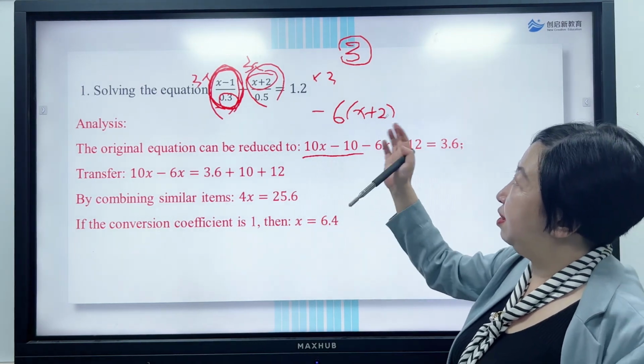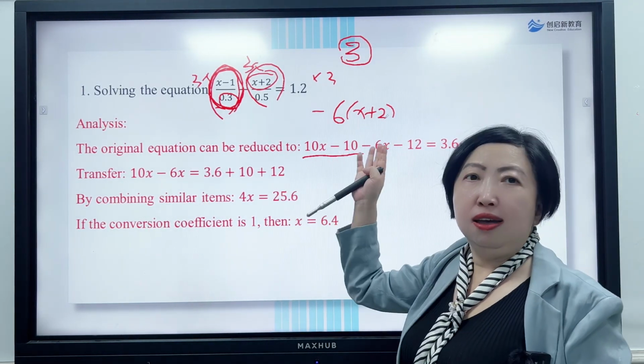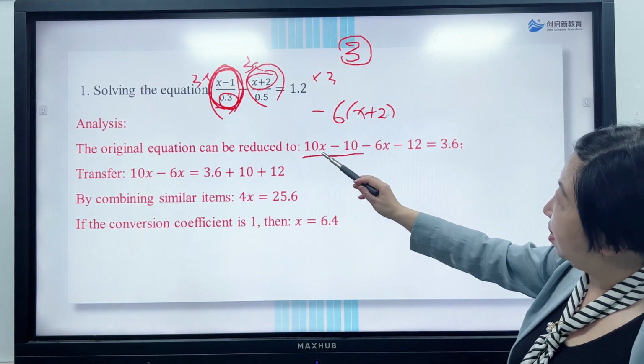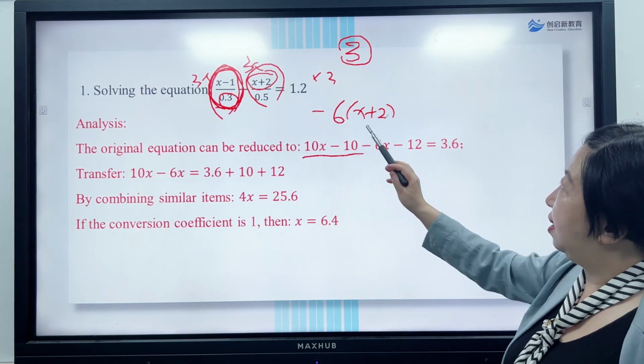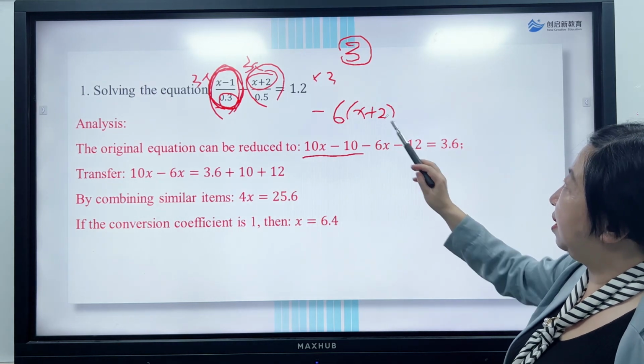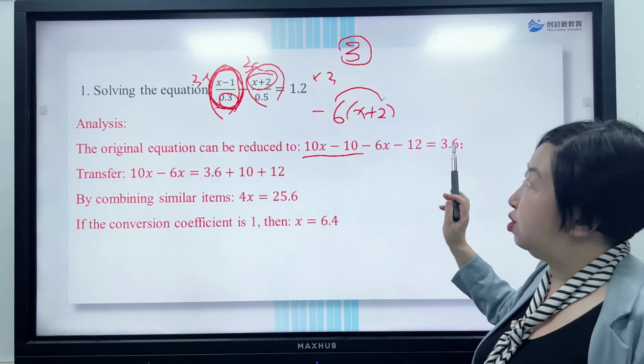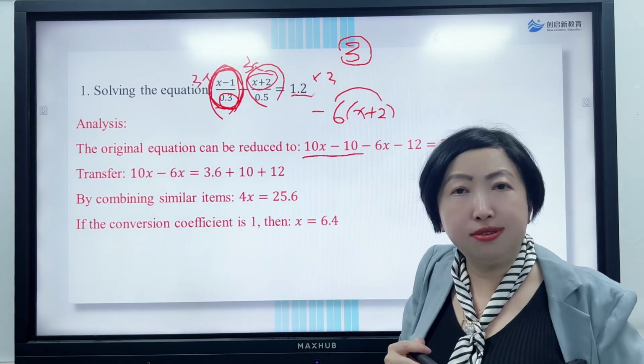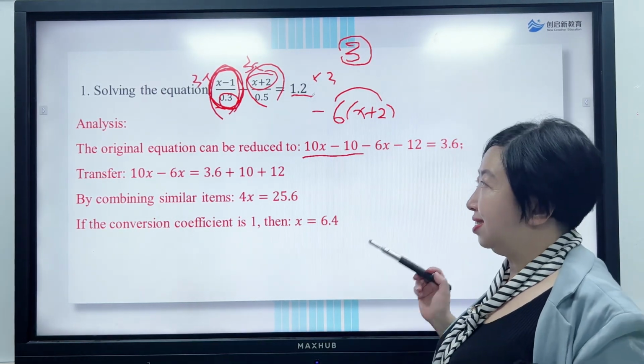And of course, we remove the parentheses. Here it's 10x minus 10, and here's minus 6x minus 12, equals 1.2 times 3, which is 3.6.